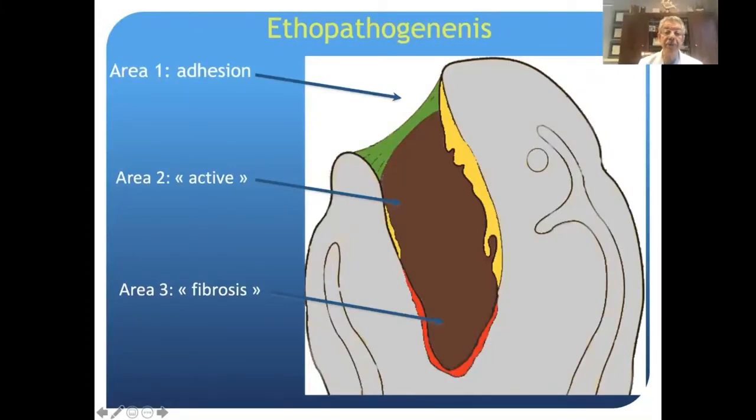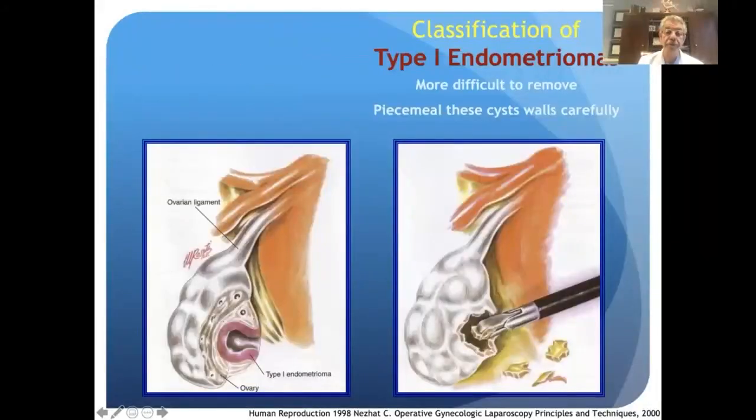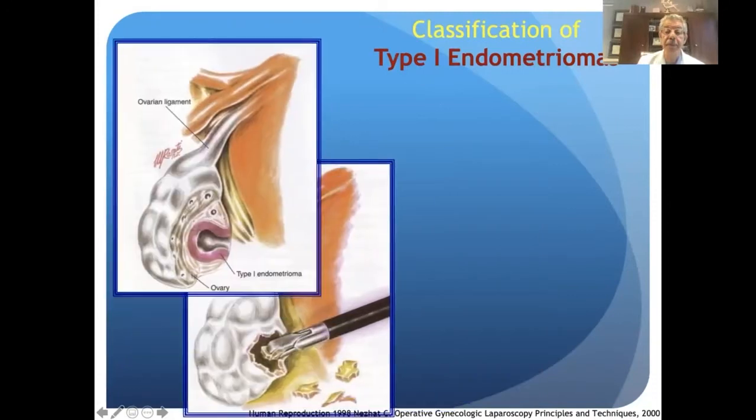It forms surface adhesion and leads to endometrioma, mainly type 2. Type 1 is more of a surface lesion penetrating deep. These are smaller cysts, very fibrotic. They are harder to remove, and it usually comes in piecemeal.